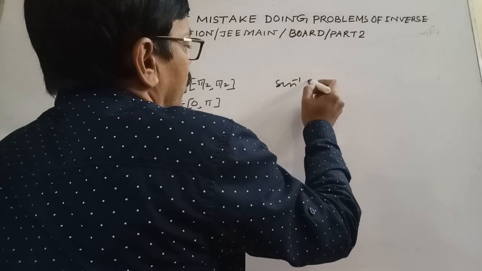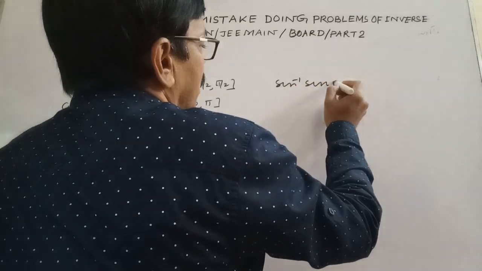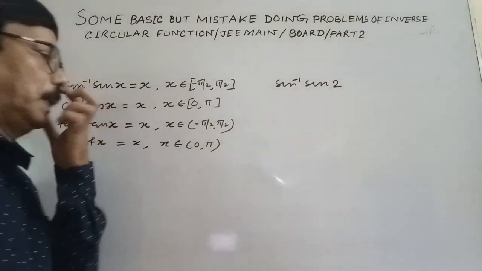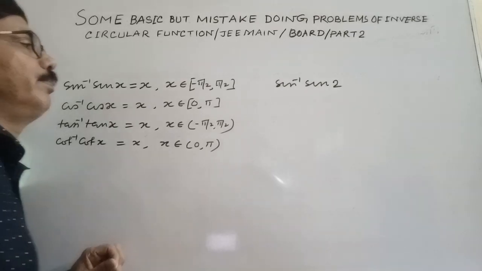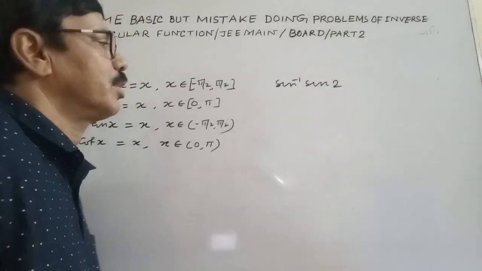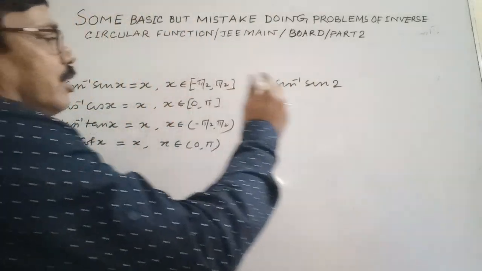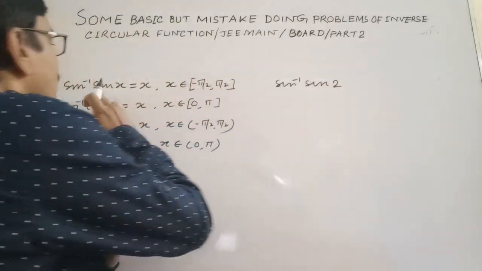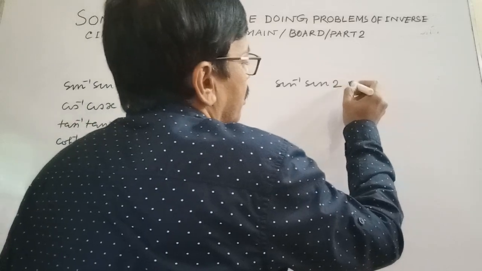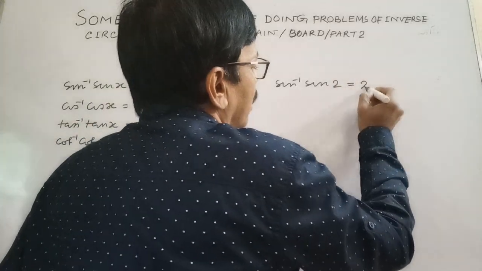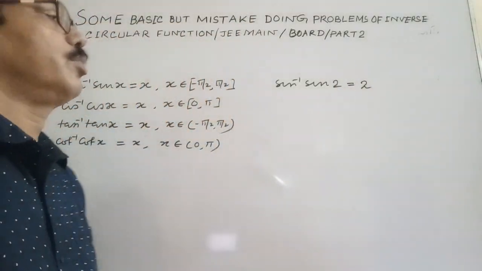Now look, what is the value of sin inverse sin 2? If you do not use the theory and this restriction, that sin inverse sin x equals x, most of the students write this as 2.